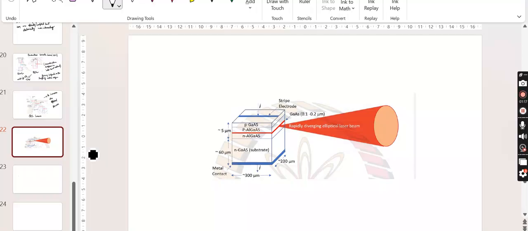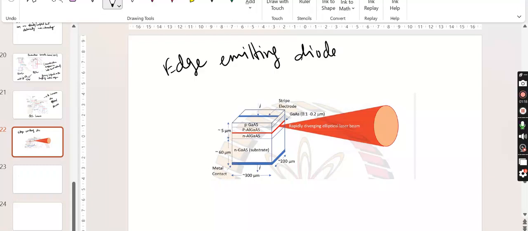Now, this is a diagram of an edge emitting diode laser. Here the active length equals the length of the junction layer, and the clipped end facets, with intrinsically high Fresnel reflectivity, can perform the role of cavity mirrors.